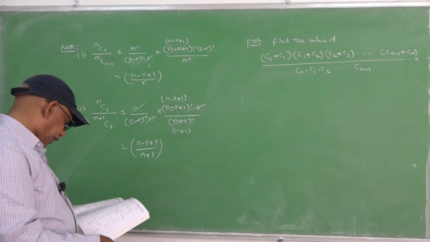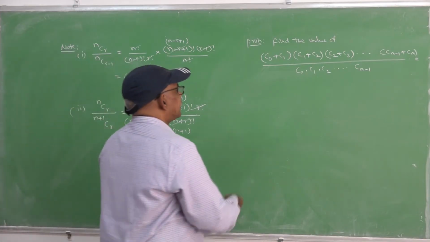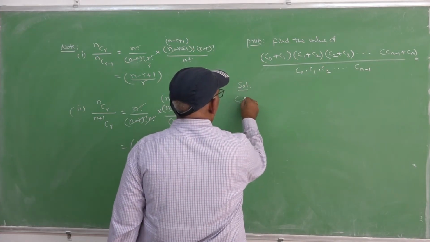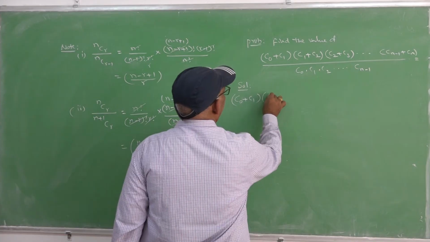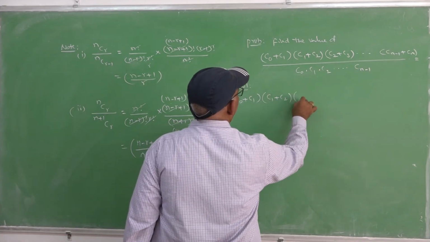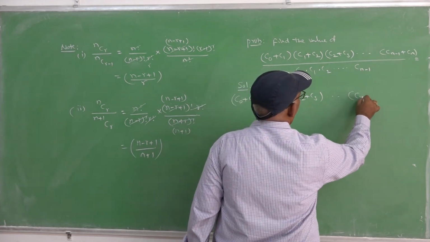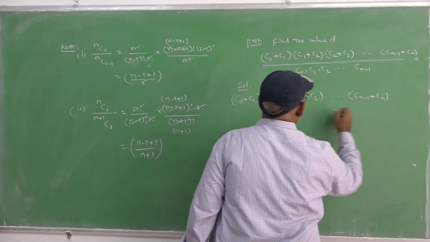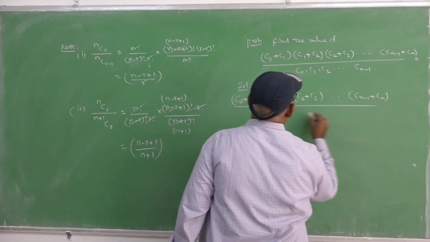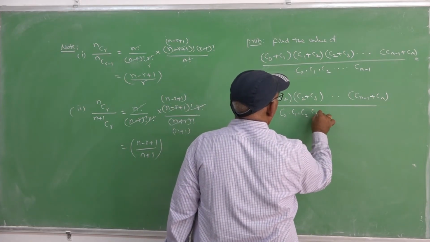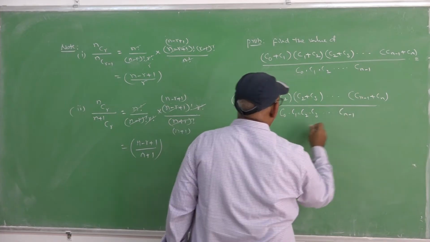Okay. Let us write this expression: (C0 + C1) × (C1 + C2) × (C2 + C3) × and so on (Cn-1 + Cn), by C0 × C1 × C2 × C3 and so on Cn-1.